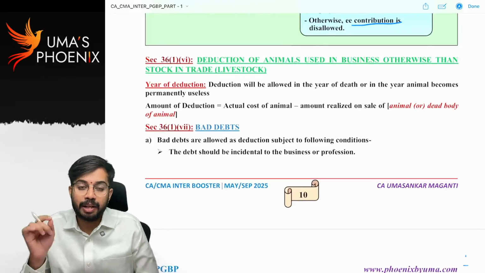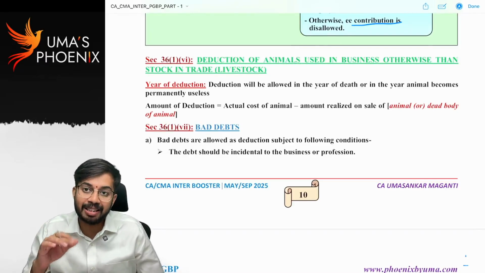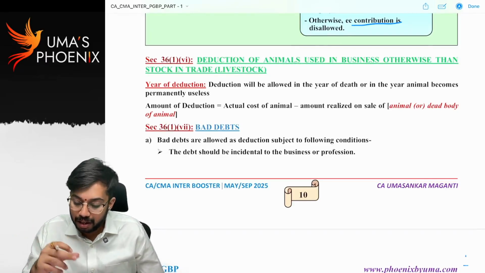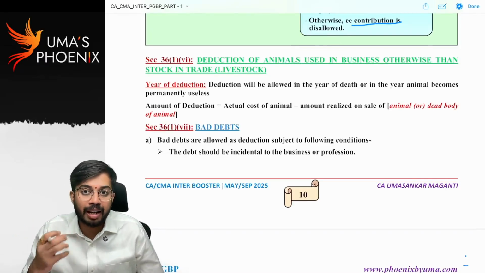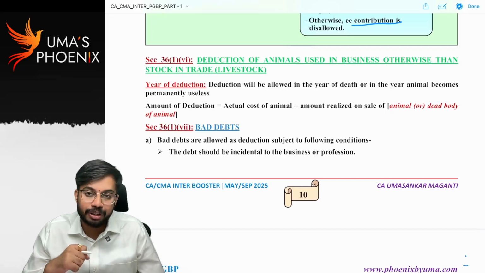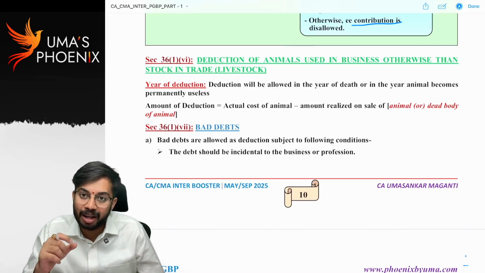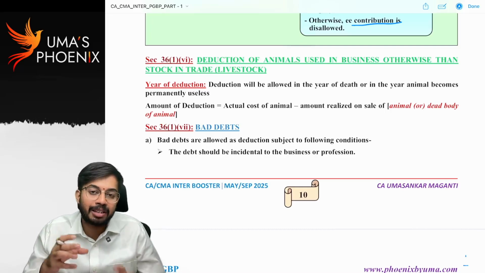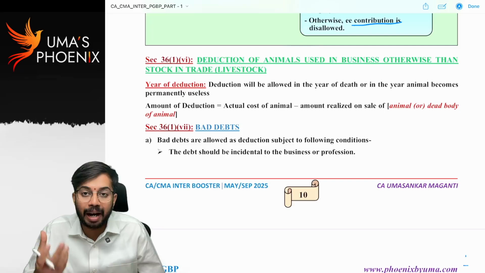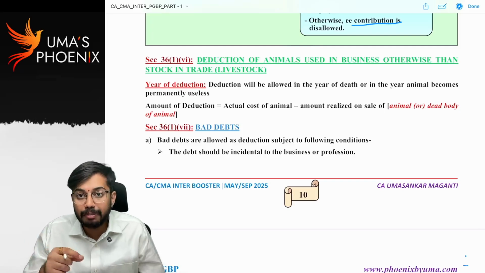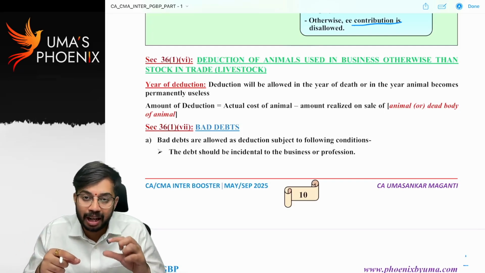Whenever animals are used in the business otherwise than stock in trade, how to recognize that expenditure? That is the question. For example, there is an event management company. It will purchase horses so that it uses a horse cart to carry a bride and bridegroom. For the event management company, the horses are not stock in trade.